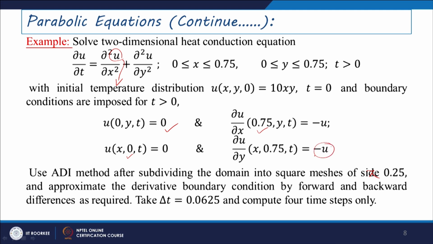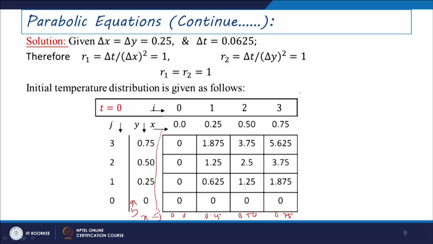So, if you first consider u of x, y, 0 equals to 10 x y here, suppose. Then the first coordinate, if you will just see here, this is 0, this is 0, so it can take the value 0 here. Let us consider u of x, y, 0 is 10 x y.